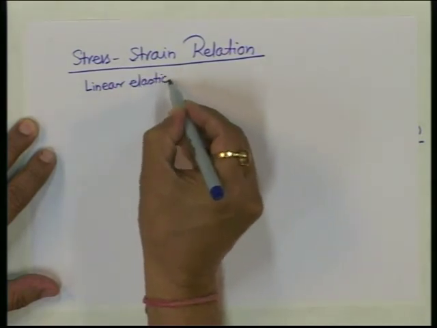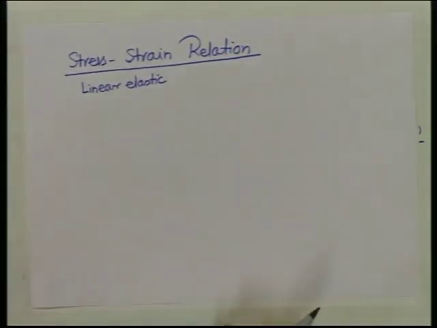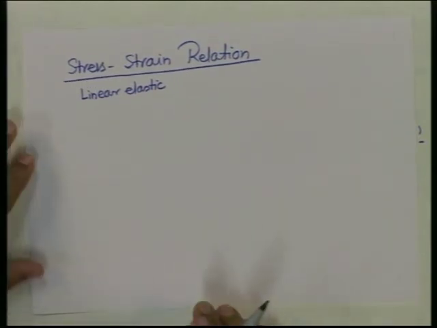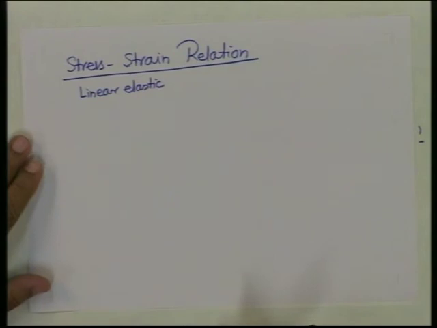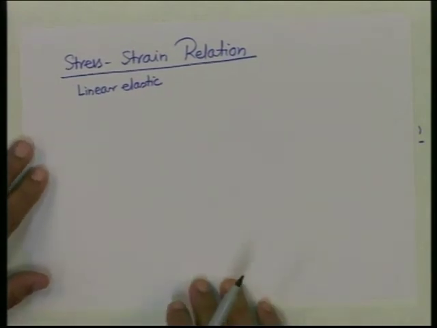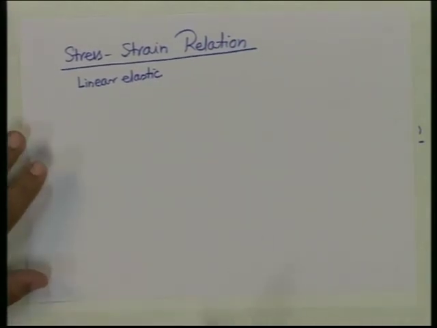Linear elastic means when you plot the stress strain curve as load increases, it is linear. You are only referring to the linear portion. And elastic, what is the meaning of elastic? When you unload, the body comes back to the original position.